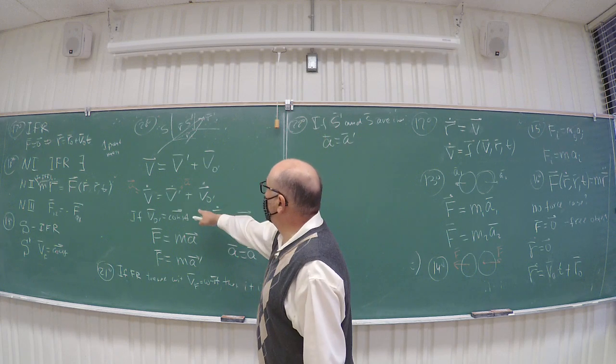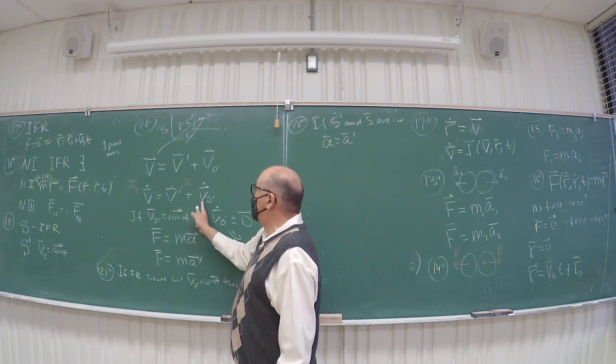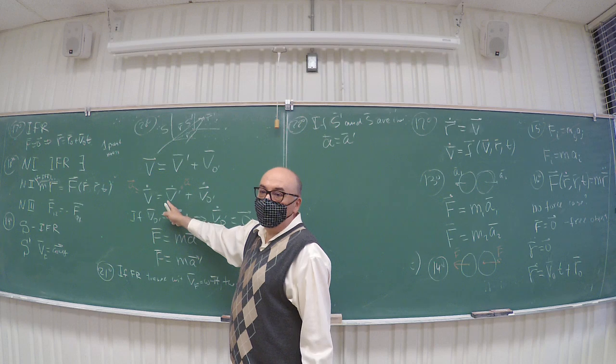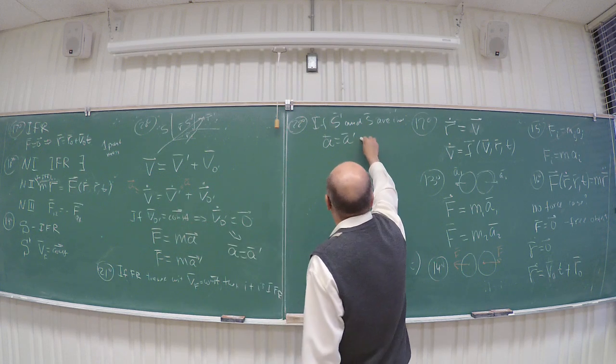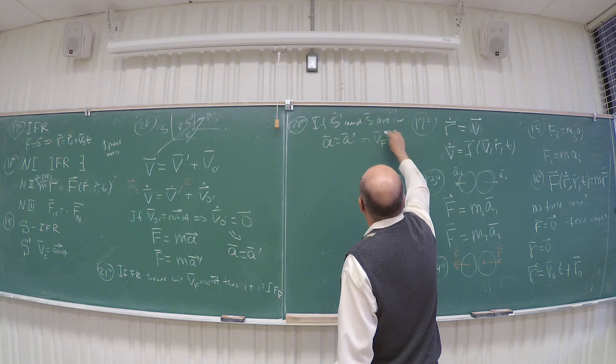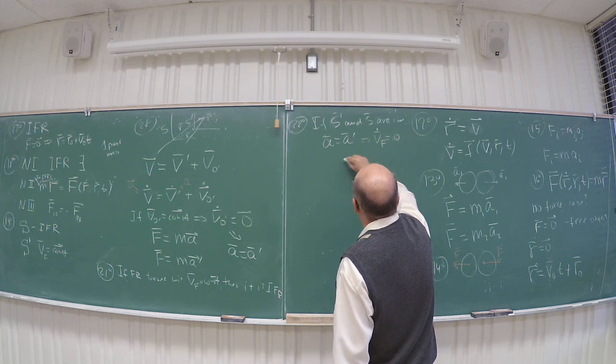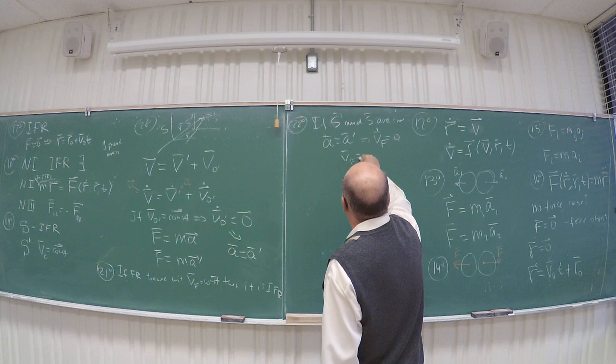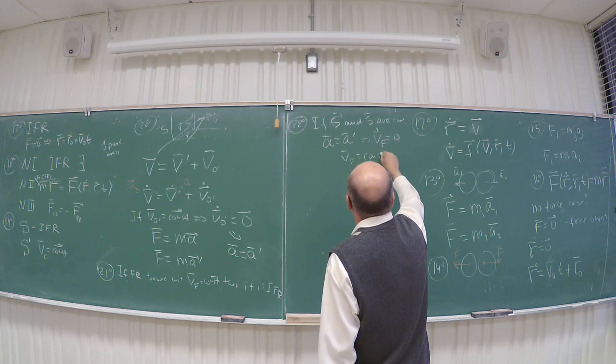And then what follows from here? If this is the same as that, then this should be 0, right? From here follows that the derivative of the velocity of the frame is 0, and that means that the velocity of the frame is constant.